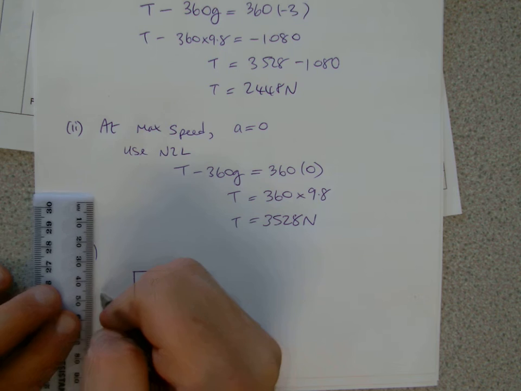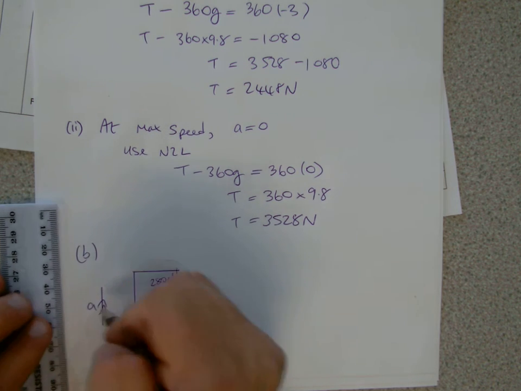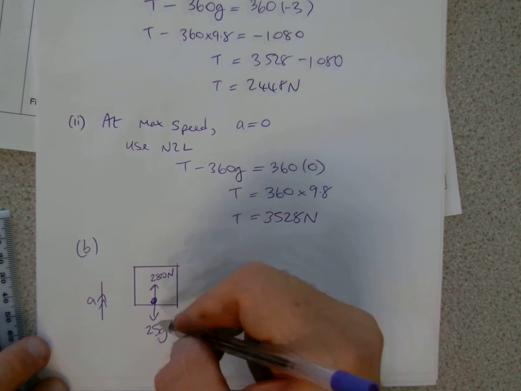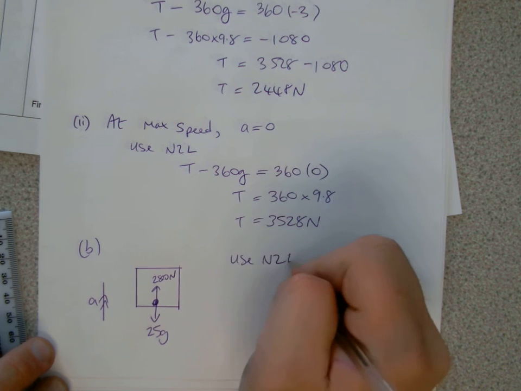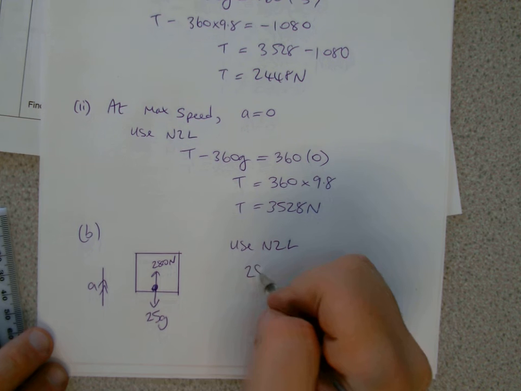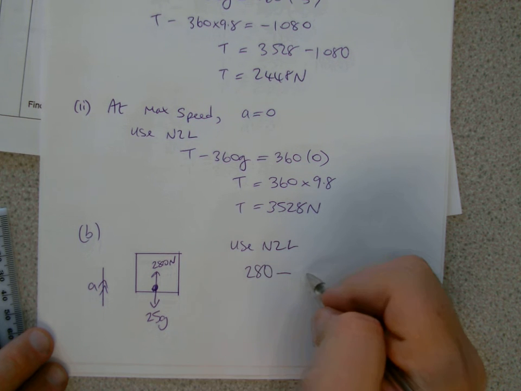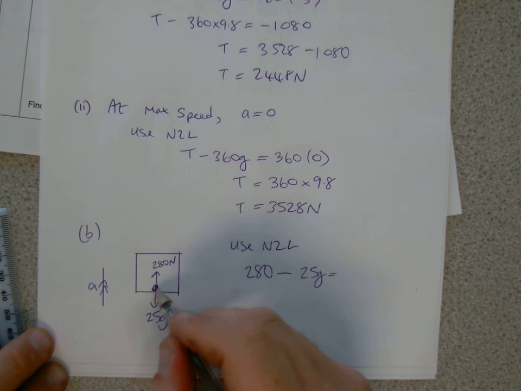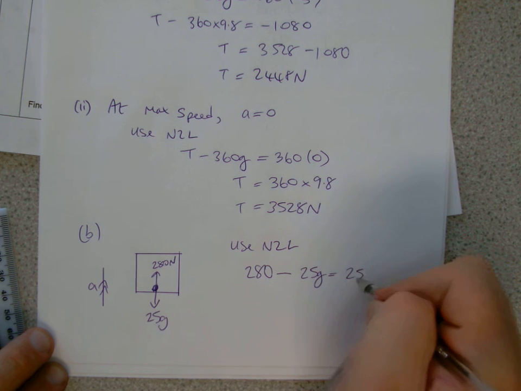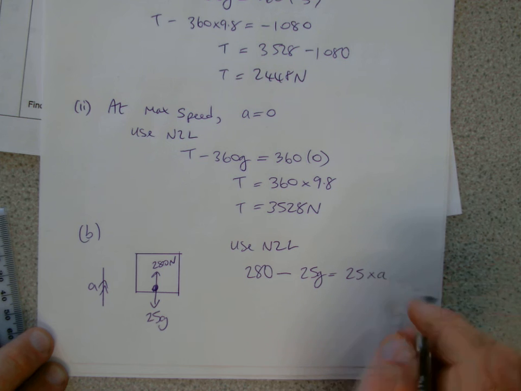We're expected to work out the acceleration of the lift. Because it's going upwards, using Newton's second law, 280 is taking us upwards, take away 25g, and that will equal the mass. Now remember, we're focusing on the object alone, so the mass will be 25 times the acceleration.